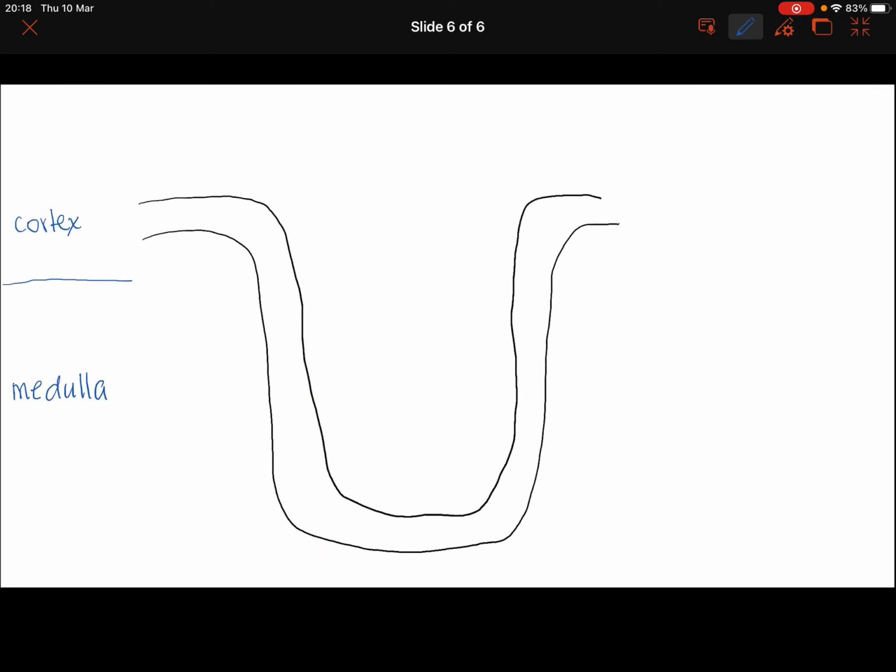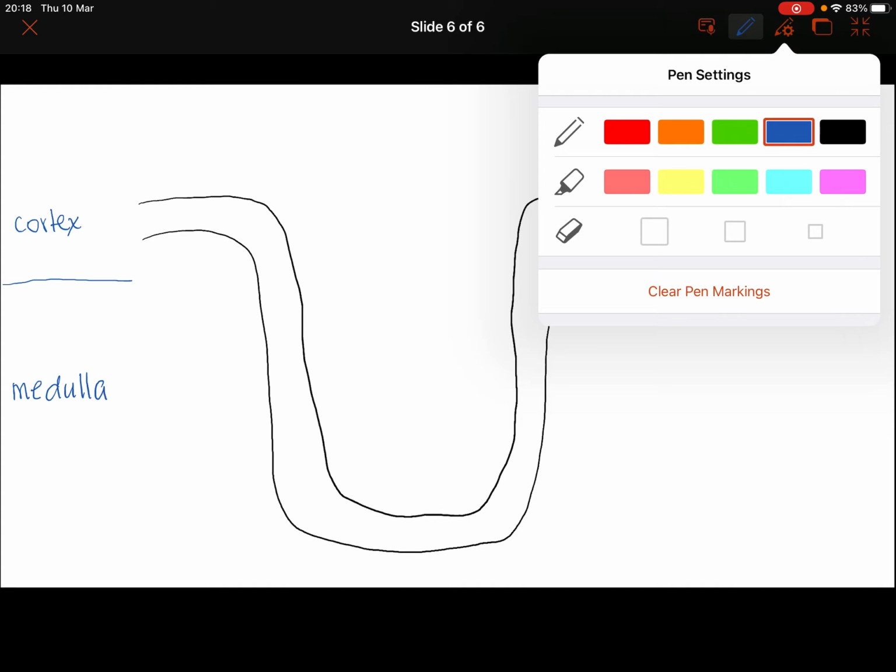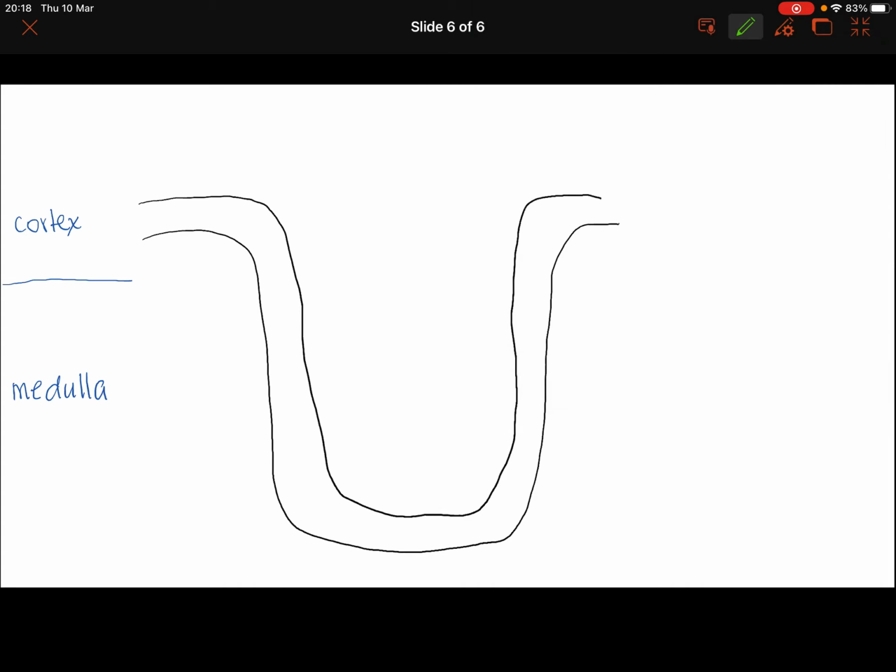I'm going to start the story with the ascending limb. It's impermeable to water, meaning the water can only come in, and permeable to sodium ions, which allows them to come out. That's what we will start from: the movement of sodium ions. Sodium ions are actively transported out.